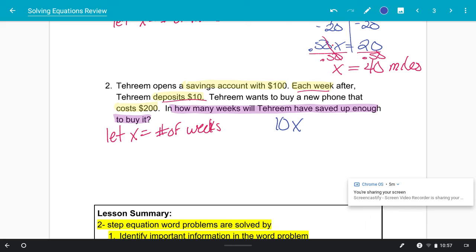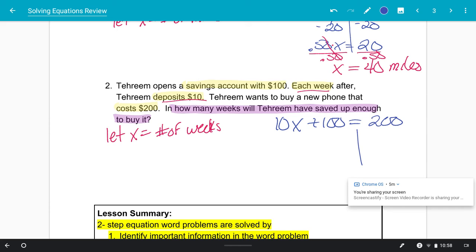Now he also starts with $100, so we're going to add on the $100. So this is all the money that he'll have in his account, the $100 plus the $10 each week. And he wants to have this goal of buying a $200 phone. Okay, so once we've set this up, we're ready to solve. We have 10 times x, then plus 100.